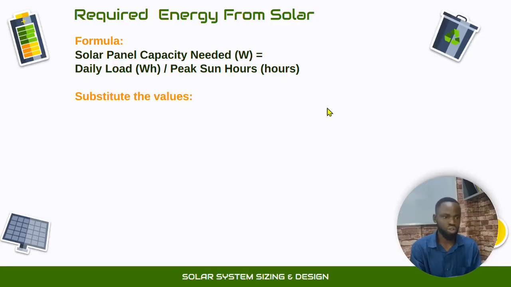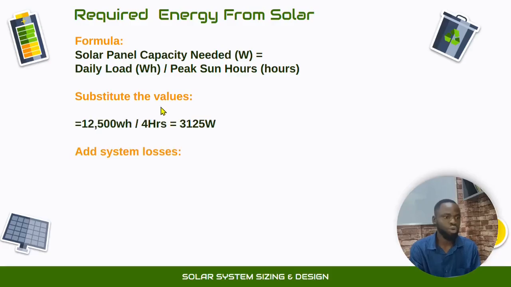These are our calculations here. We substitute the values. Our daily energy is approximately 12,500 watt hours. Our peak sun hour is 4 hours. If we divide this, we need a solar energy that will be able to produce 3,125 watts every hour, going by the 4 peak hours.